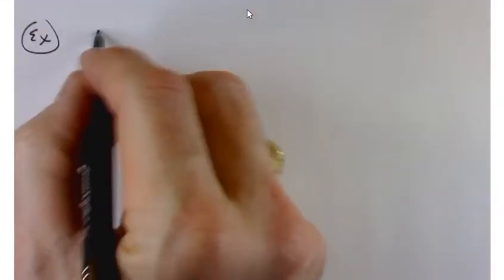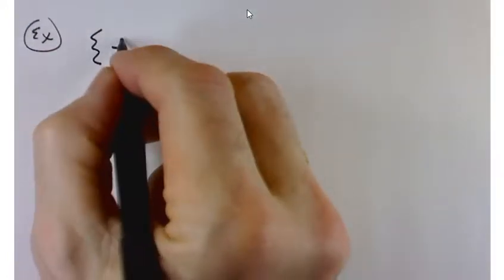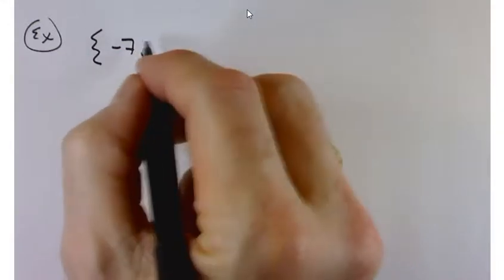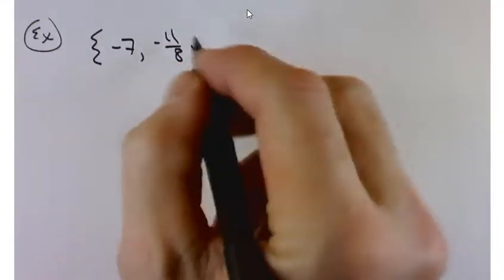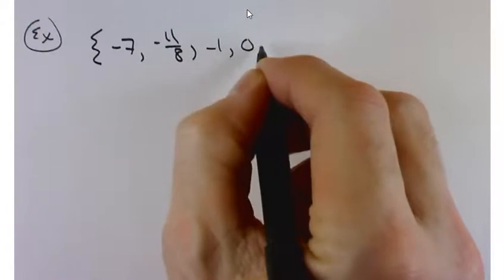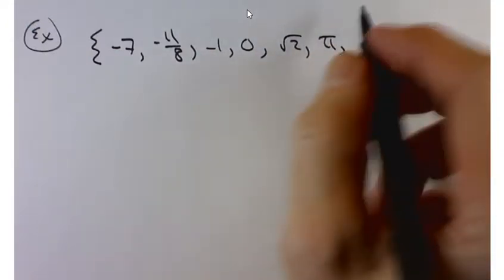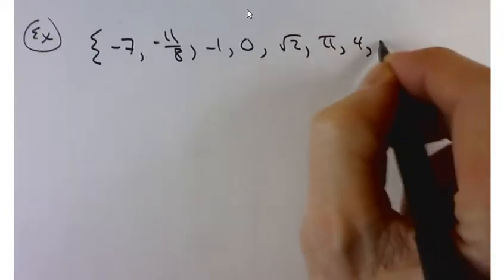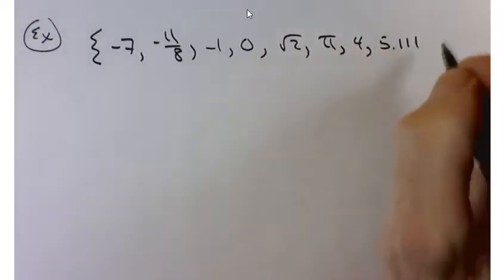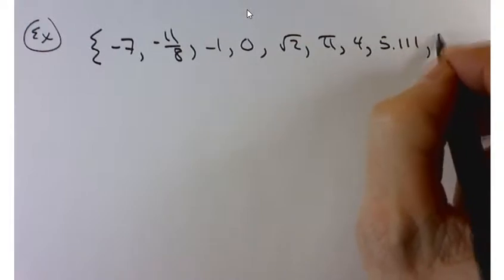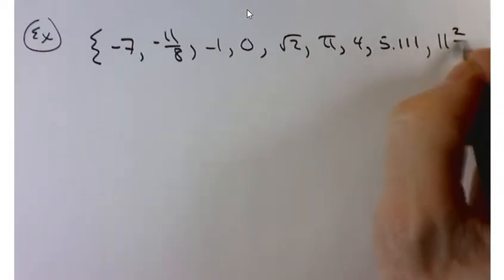Let me give you another set, and try to be an active participant this time: -7, -11 over 8, -1, 0, square root of 2, pi, 4, 5.111, and 11 2/5.